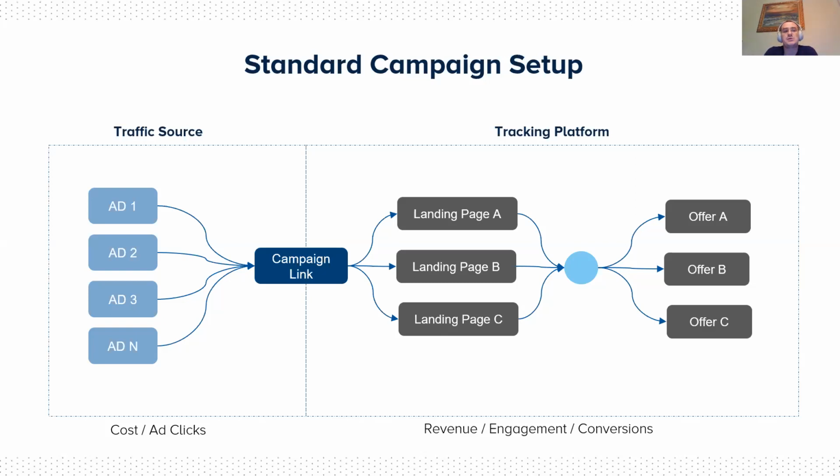On the traffic source, we have cost and ad clicks, and that is where we upload all our ads. From our tracker, we generate a campaign link that takes care of sending our visitors to the landing pages and to the offers that we are rotating.